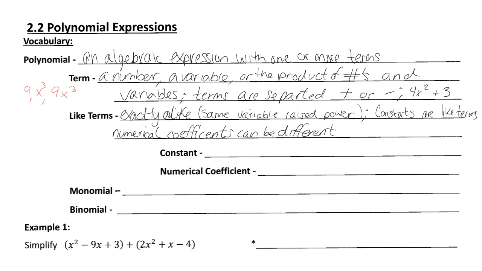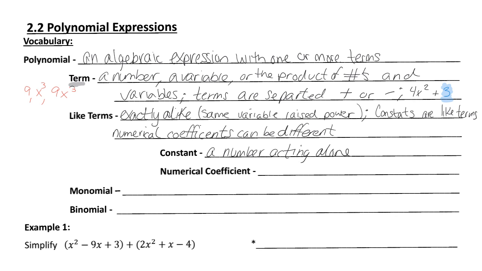Okay? So you may be trying to refresh your brain on what is a constant. So it's a number acting alone. So I'm kind of going to go back a little bit. Looking up at this term example, the constant would be that plus 3. It's a single number. It's a constant, okay?